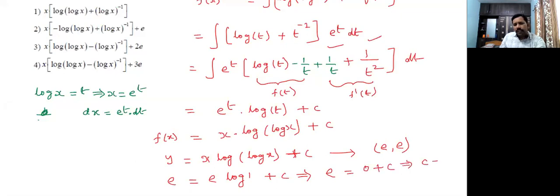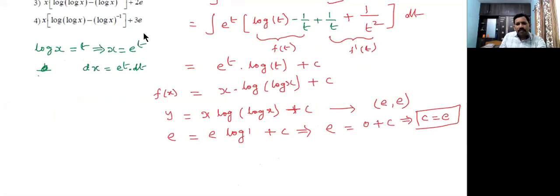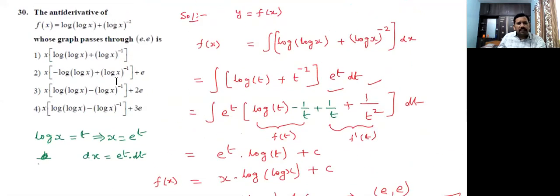Finally, the c value is e. Now substitute in the function, the c value is e. Therefore, f of x is equal to x log x plus e. I think this is the answer.